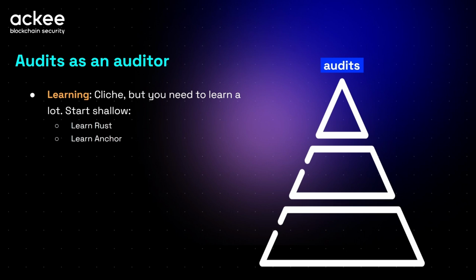Then go to Anchor, but not only the constraints that Anchor has, not only the accounts that Anchor supports, but learn also the logic, as I was presenting in lesson 1. Understand what is behind these constraints and accounts.